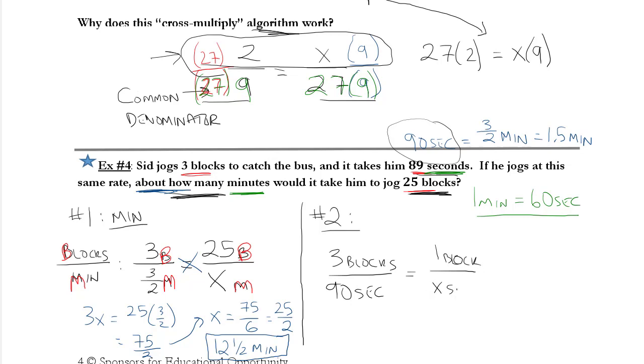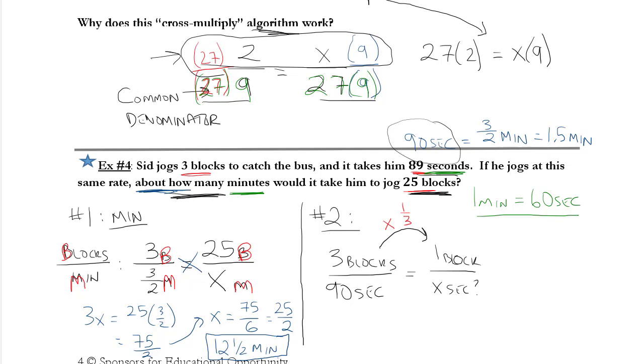How many seconds? We could cross multiply and so on, and that's totally fine, but really, to go from 3 to 1, I'm multiplying by 1/3, because 1 is 1/3 of 3.